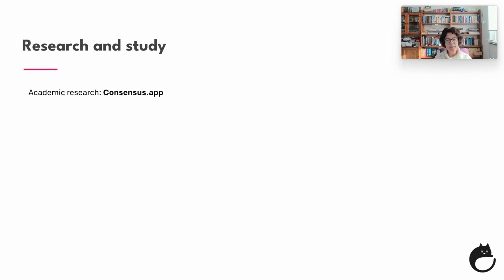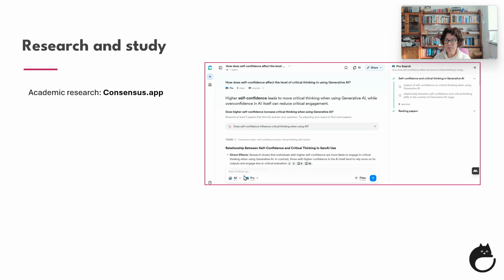And what I do find, especially if I want to do academic research, reading the latest papers on Gen AI, linguistics, conversation design, is consensus.app. Mind you, it's app, not consensus.ai. Consensus.app is actually, I'd call it mind-blowingly good. What it offers is a Gen AI interface, a conversational interface that's completely focused on doing research in academic papers.